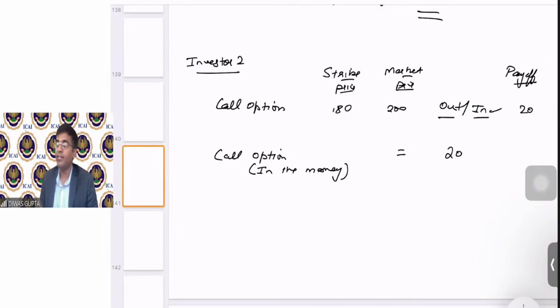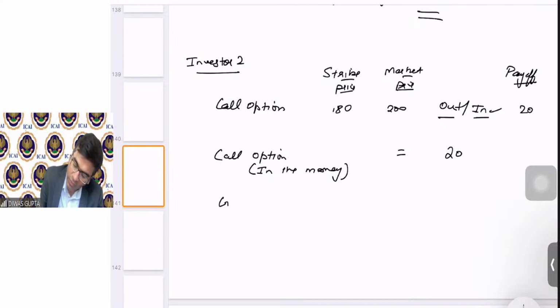However, I have invested the present value of strike price. Correct? For that, yes, 20 rupees will be the payoff. Very good. Suraj, Tanisha, both of you are correct. 20 rupees will be payoff. Now, I have invested the present value of strike price. That also I will get as a redemption, right?